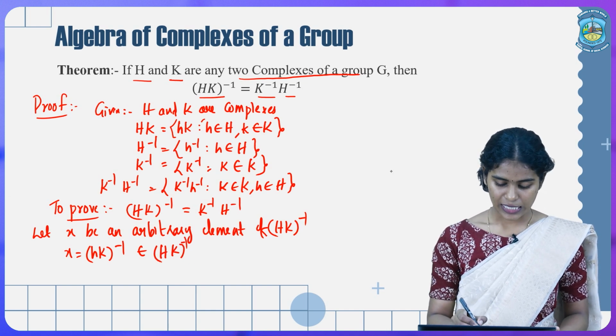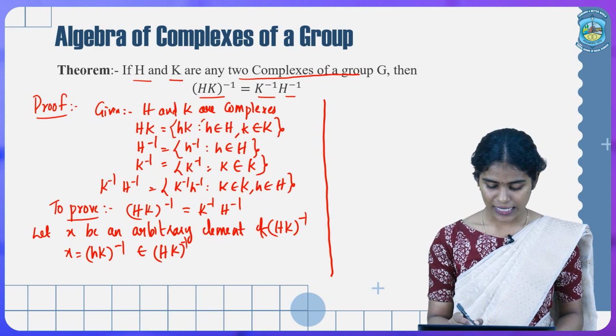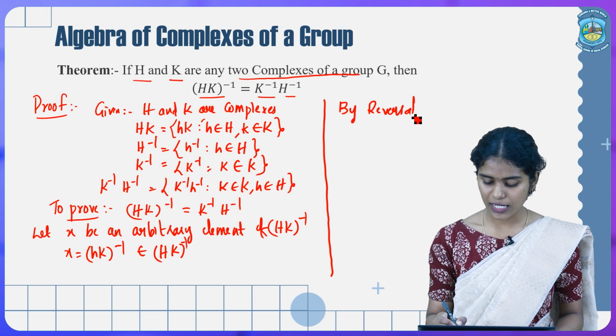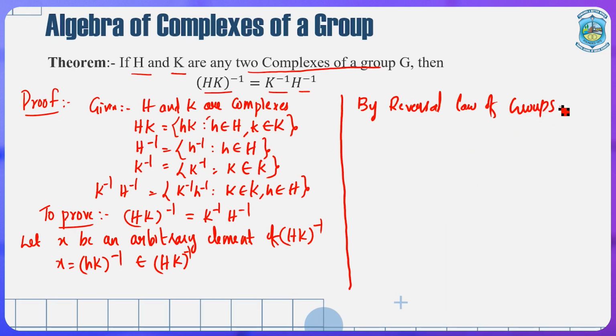Now, we know one of the laws of groups, that is the reversal law of groups. By the reversal law of groups, what does it say? It says that for any elements a, b of group G, (ab) whole inverse will be equal to b inverse a inverse.